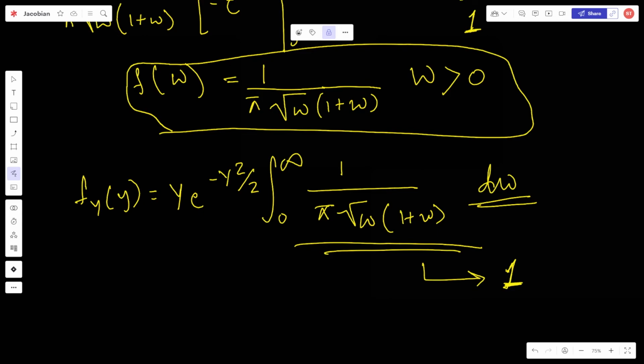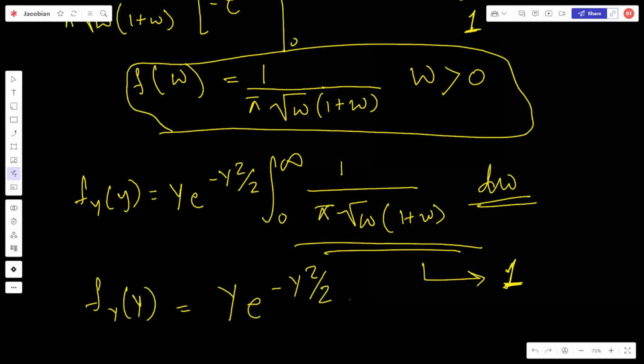And because this whole value already simplifies to 1, we have f y of y is equal to just y e to the negative y squared divided by 2, which is valid when y is greater than 0.